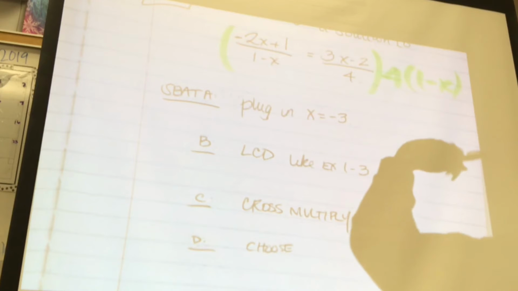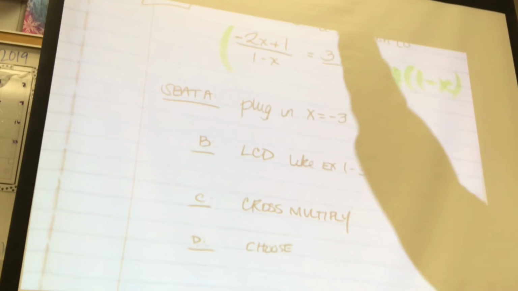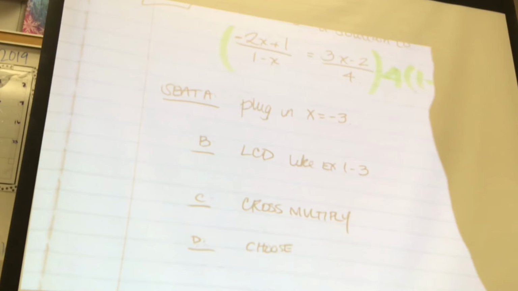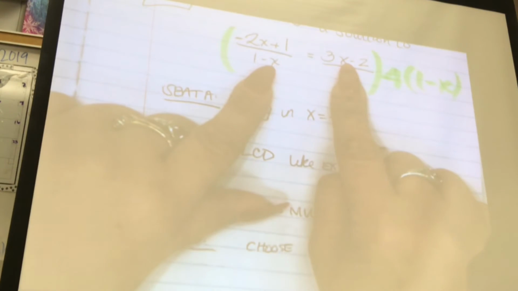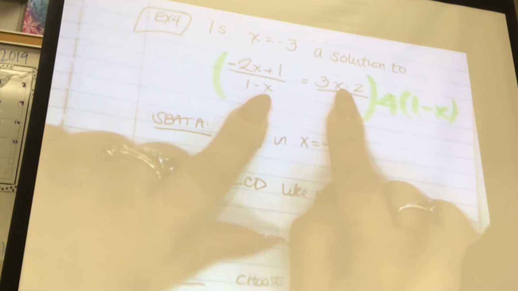It's not. It's a no. Out of the 4 methods, 3, sorry, which of the 3 works best for example number 4? Plugging it in, okay? Plugging it in is probably going to win just as many votes as cross multiplying, because some of you don't mind cross multiplying, but then you get right here and you're like, oh man, I got a FOIL.